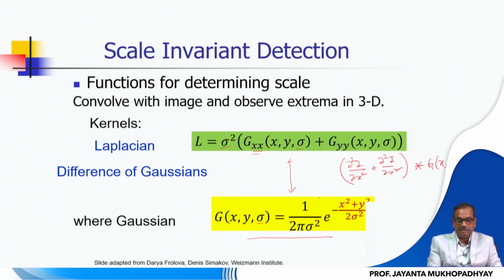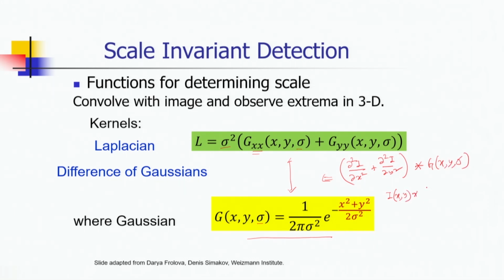That is what you are computing, but effectively it can be shown that I can instead directly convolve with the Laplacian of Gaussian mask itself. Let me put sigma as the parameter. So the Laplacian of the Gaussian function itself will provide the equivalent result. That is the property of the Gaussian functions that we are using here.